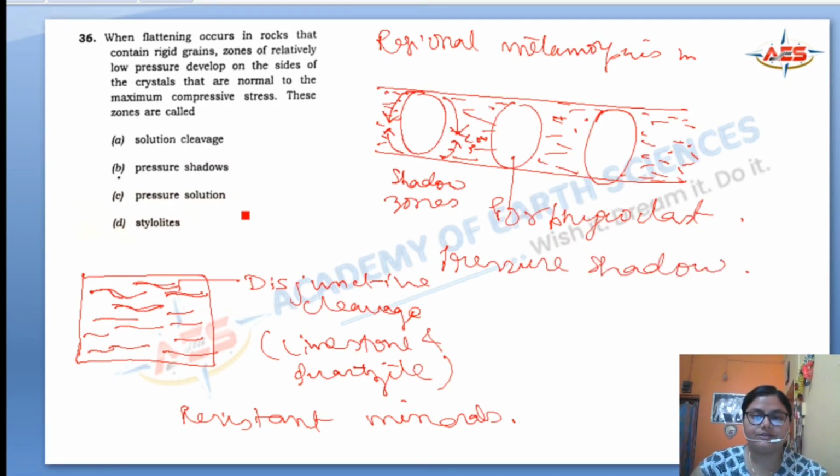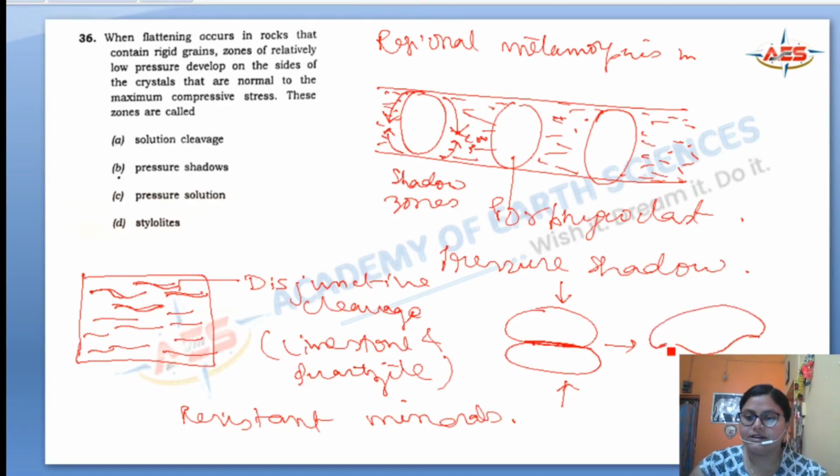What is pressure solution? Generally when the grains are in contact, they initially remain in a linear contact, but with increasing pressure the grain contact becomes zigzag in nature. This occurs due to pressure solution, where due to excessive pressure the particles near the contact get dissolved, and the grain contact changes from a linear contact to a zigzag or curvy contact.